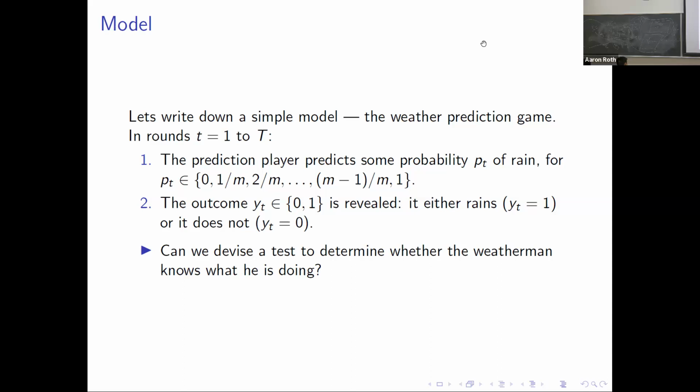There are these non-repeatable events. You don't get to repeat tomorrow 100 times to measure the probability of rain tomorrow. Someone asserts to you that they know the probabilities of these events, and you want to see if there's any test you can cook up that might falsify that claim if it's not true. Is that clear?